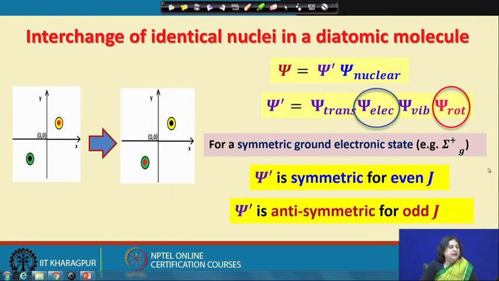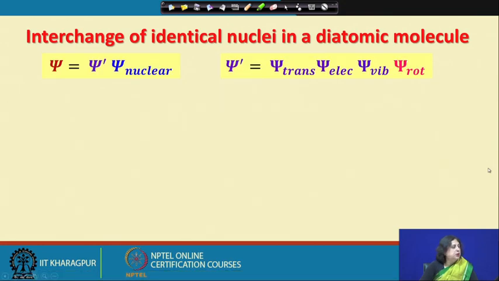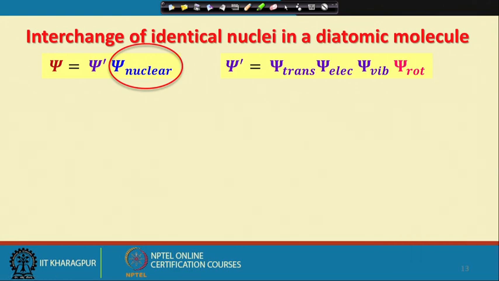Obviously, then the next part is to consider psi nuclear. Now, when I consider psi nuclear, we will go very slowly here because there are several concepts associated with this treatment.